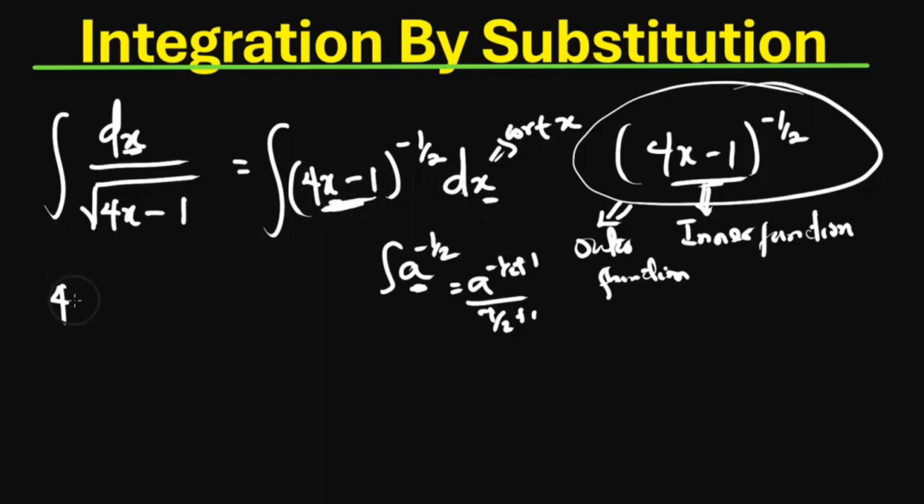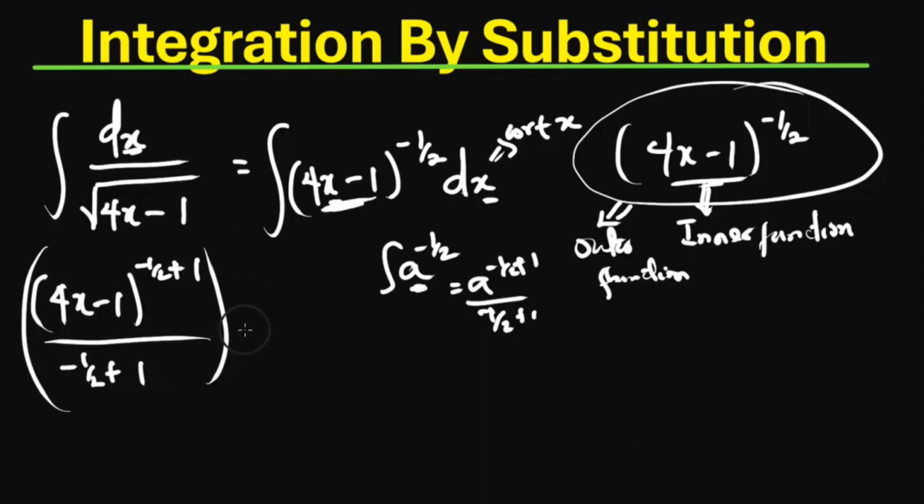So we have 4x minus 1 raised to power minus half plus 1, divided by minus half plus 1. And then we multiply by 1 divided by the derivative of the inner function. When we differentiate the inner function, we have 4.